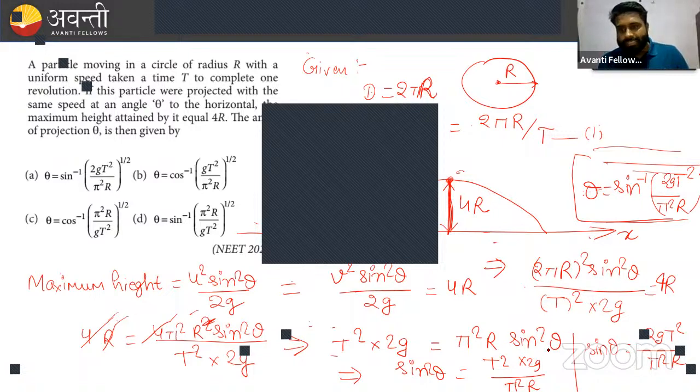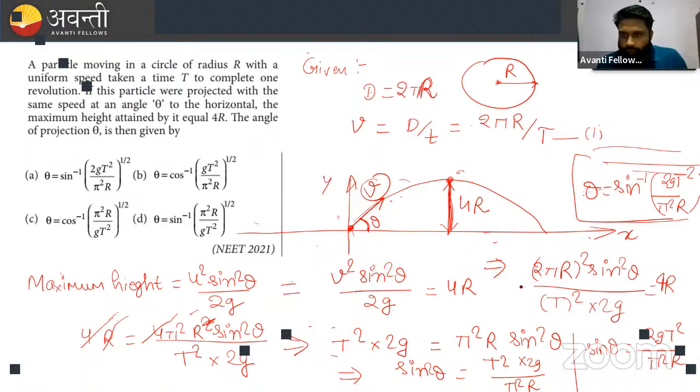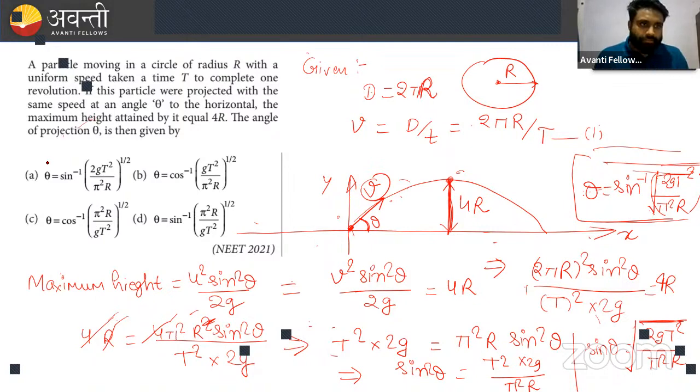One mistake that I have made over here: it is sine square theta we are provided, so this sine theta is the square root of that expression. So option A is correct in this question. Option A is the correct option. If you have any doubt in this question till now, then you can ask.